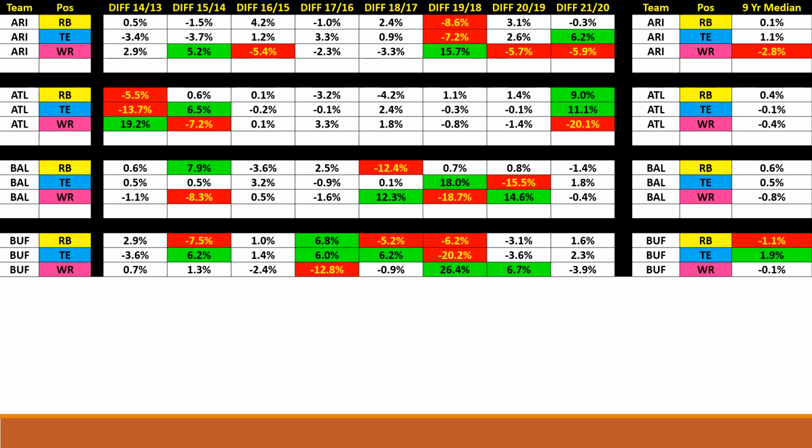Baltimore, pretty much 9 year, nothing has really happened yet. They've had some really extremes, but nothing that I would say is so extreme other than the wide receivers have had really ups and downs here. And last year, things were kind of calming down. And so nothing really strikes me dramatically here in Baltimore. I think we get what we got last year.